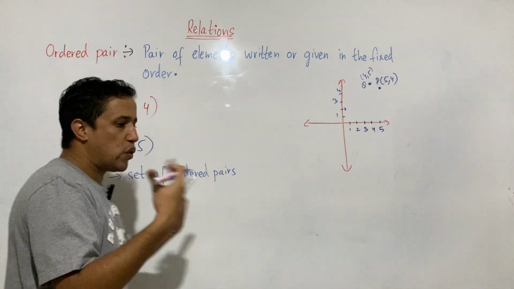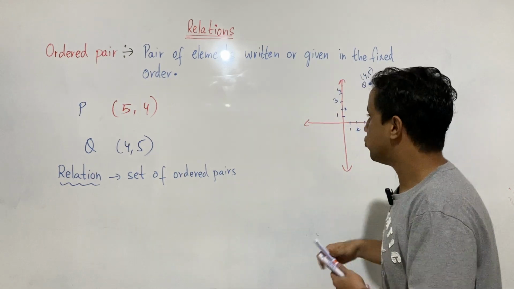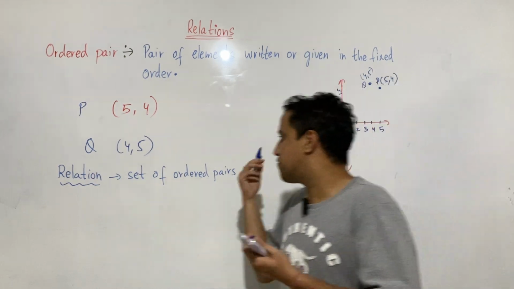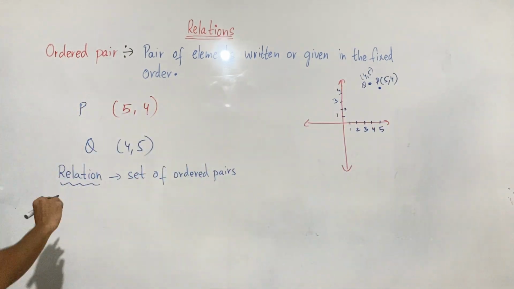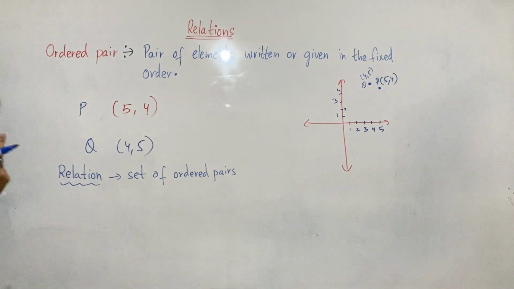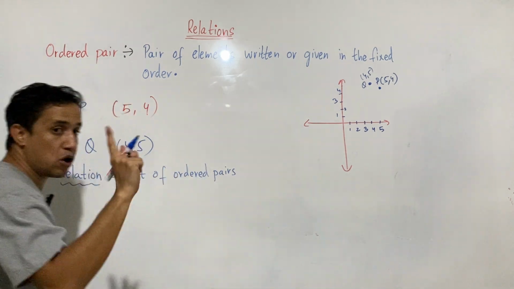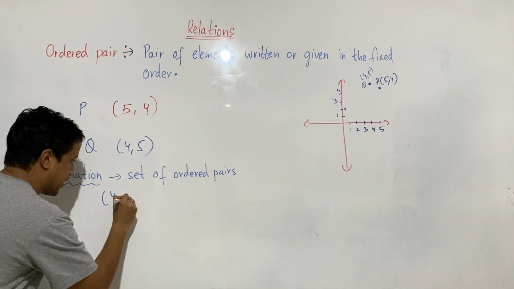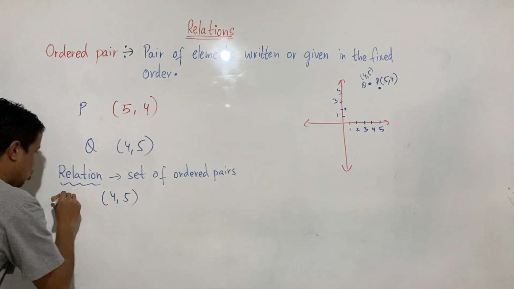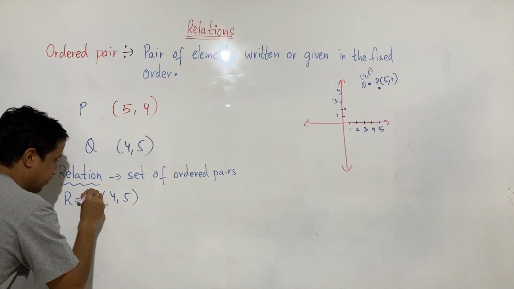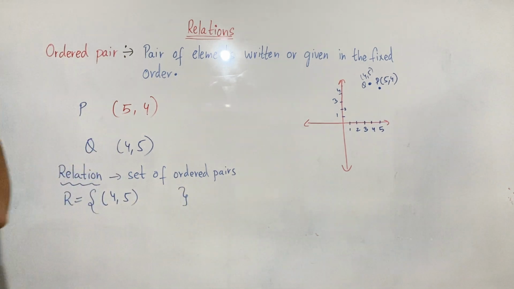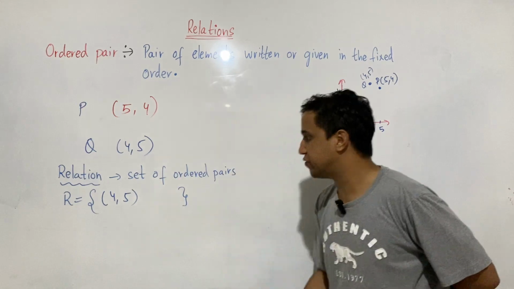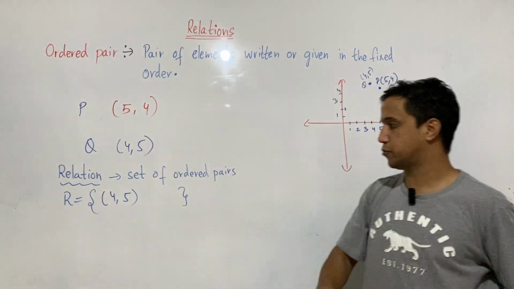Now, when we establish relations, we need two sets. I'm just taking one ordered pair, let's say 4, 5, and it belongs to some relation. Let's say this relation contains the ordered pair 4, 5.